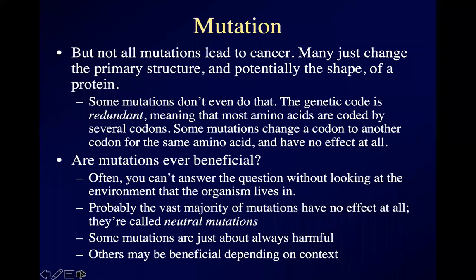Because you go from a codon that stands for one amino acid to a different codon, but it stands for the same amino acid. And by the way, we call that genetic code redundancy. So mutations that do that simply don't do anything. They have no visible effect.